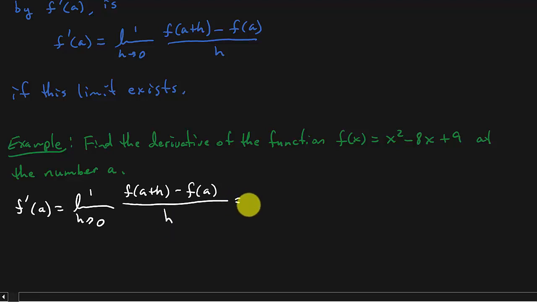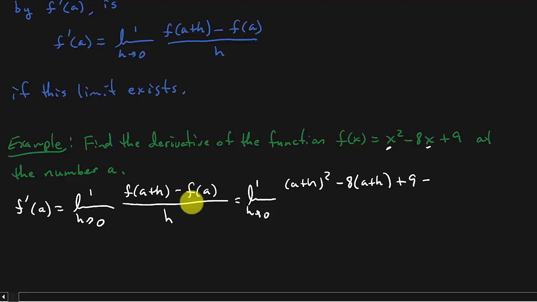This is going to be the limit as h goes to 0 of f of a plus h. Each one of the x values here I'm going to replace with a plus h. So that's a plus h squared minus 8 times a plus h plus 9, minus f of a.